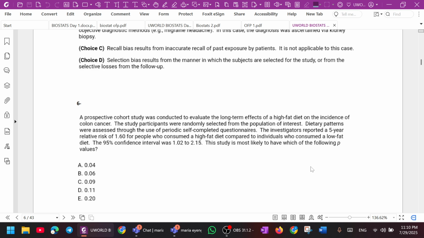They are looking for the p-value. Power equal to 1 minus alpha, isn't it? One minus beta, you mean? Sorry, 1 minus beta. So how can we find the beta? Why are you trying to find the beta?